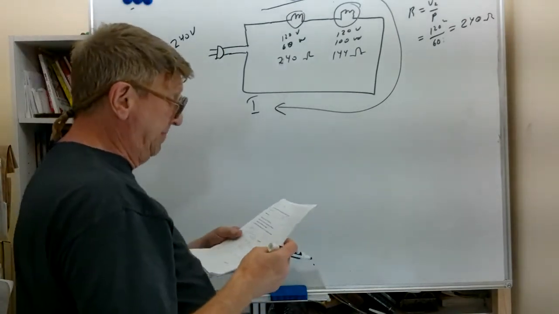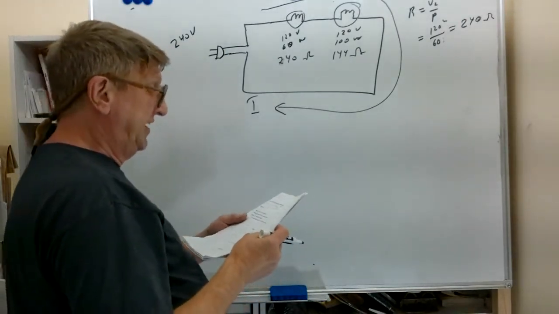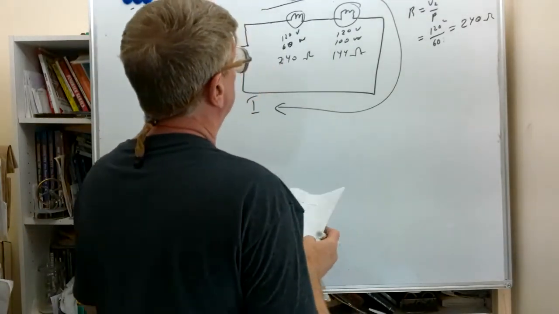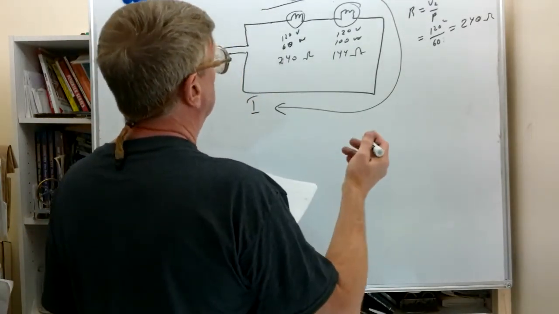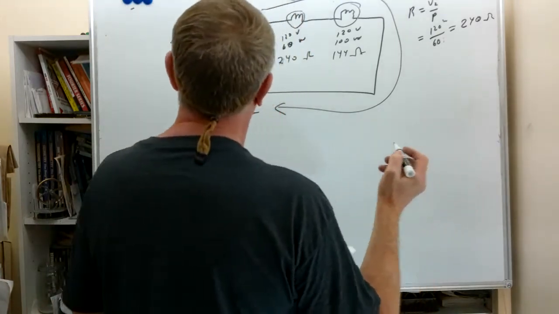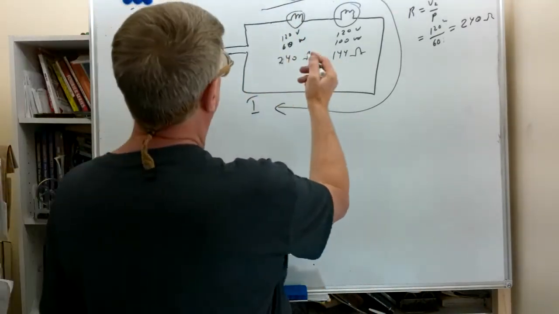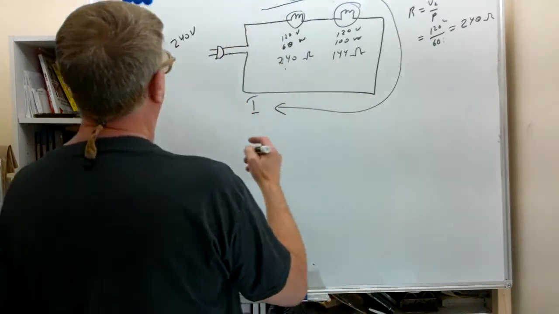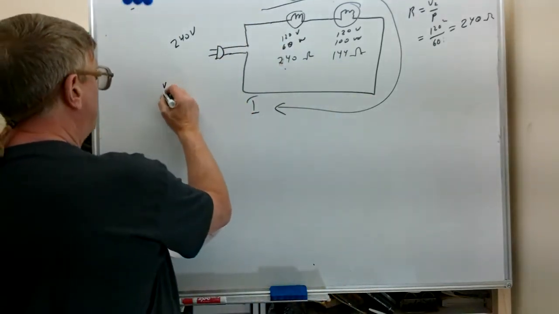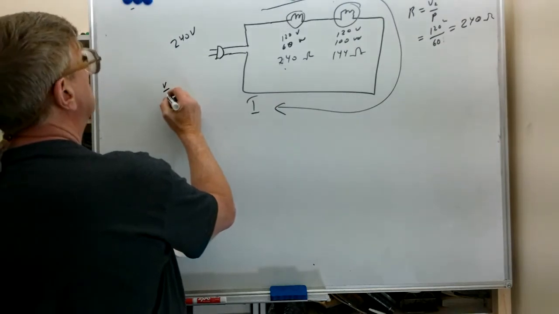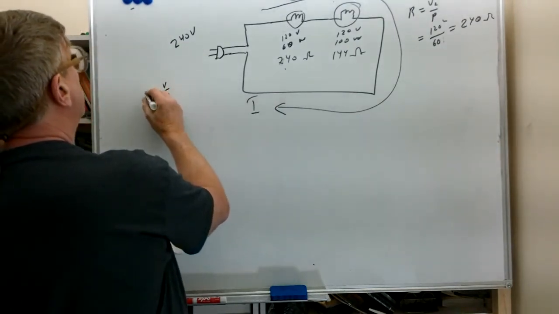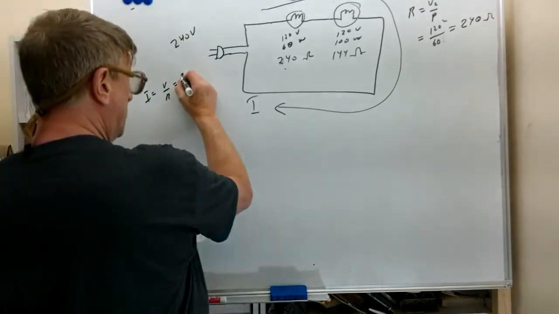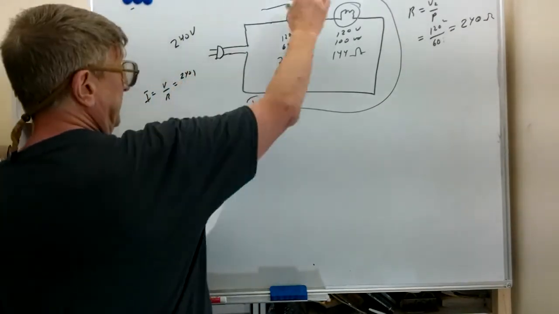So let's see what will happen here if we use the total current to come out with what the total resistance would be. Well, we had 240 ohms and 144 ohms, so we have current equals voltage over resistance. We have 240 volts supplied right here.